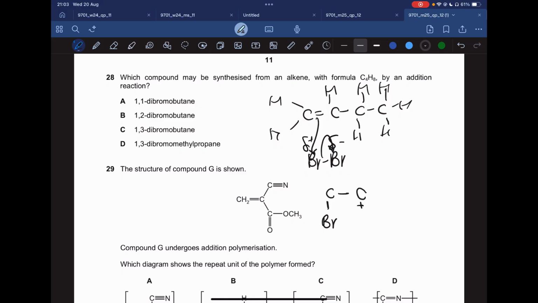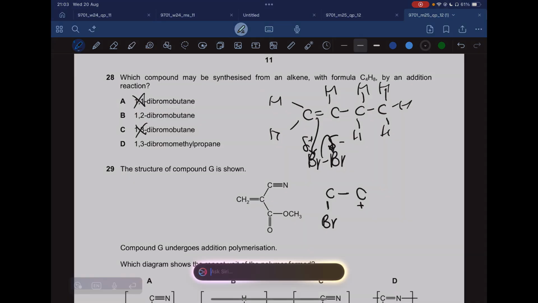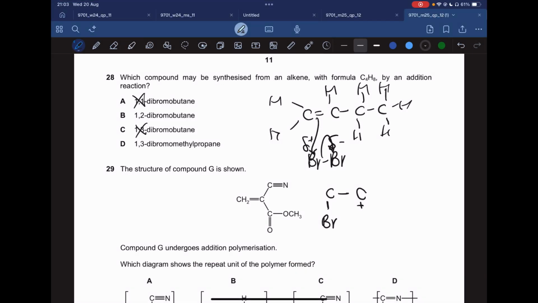So it cannot bond onto the same carbon based on mechanism. As you can see, the carbocation forms on that double bond, right? So it can only be right next to each other for that sake.